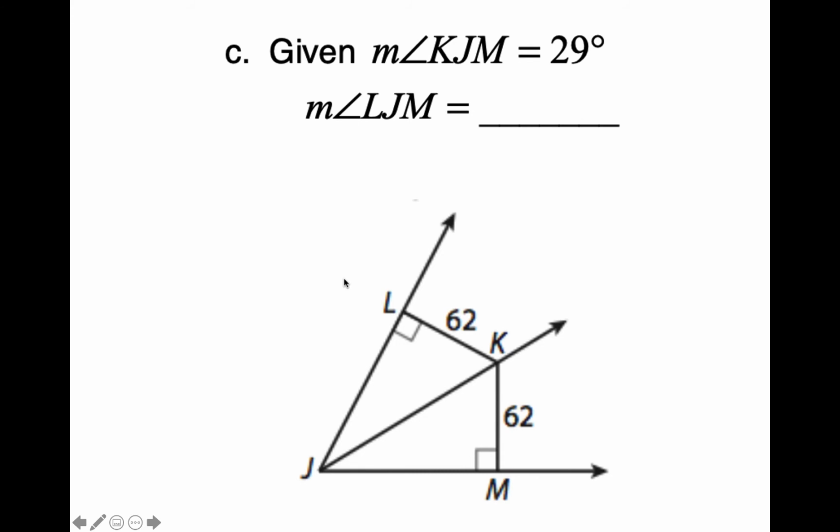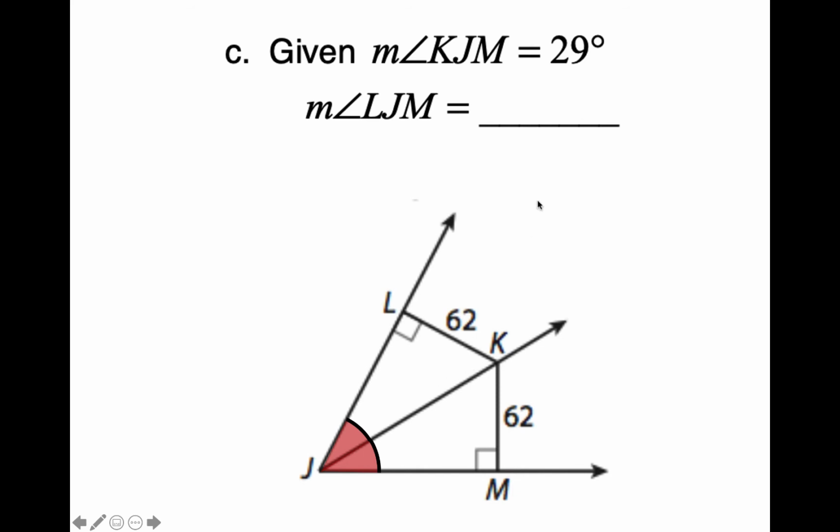For C, it says given the measure of angle KJM is 29, we're finding angle LJM. So notice these are both 62, so we know that K is on the angle bisector. So we know both of these angles have to be equal.